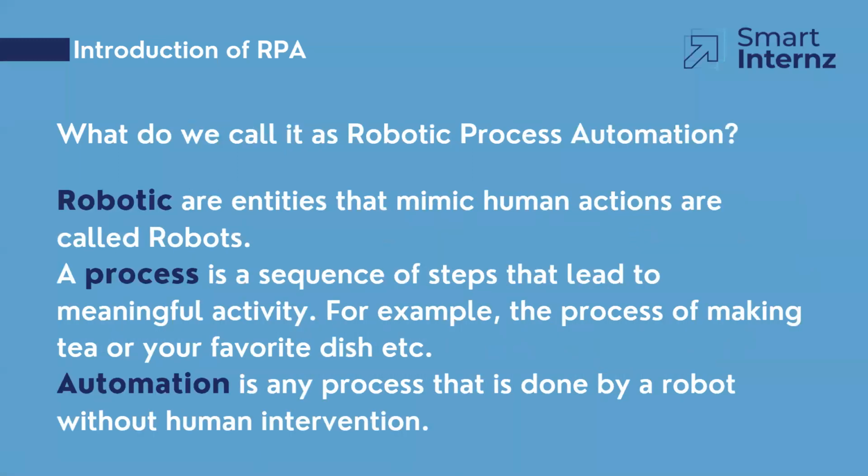Here you can see in the definition what I told, we create digital workers, and the back-end processes or business operations are automated without any human intervention, right? So the robotic is nothing but wherever an action of a human being is mimicked, that is known as robotic, right? So that is the first term, and then the process.